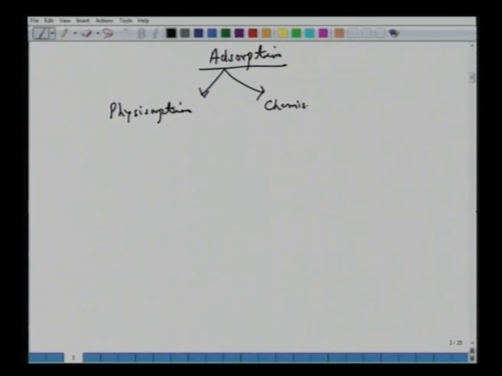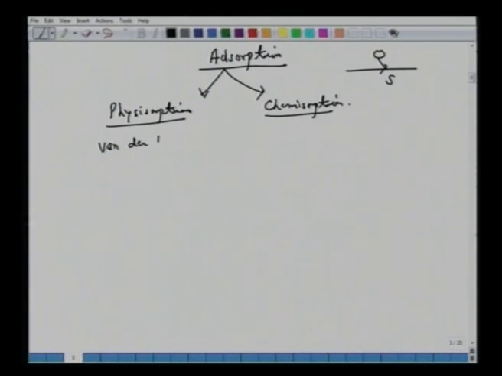Again, our discussion will be very limited, to the extent that we are able to address mass transfer related problems. But for your own benefit, we should understand at least the basics of adsorption. When the molecules get adsorbed on the surface, they undergo either physisorption or chemisorption. When we have physisorption, there are bonds like van der Waals.